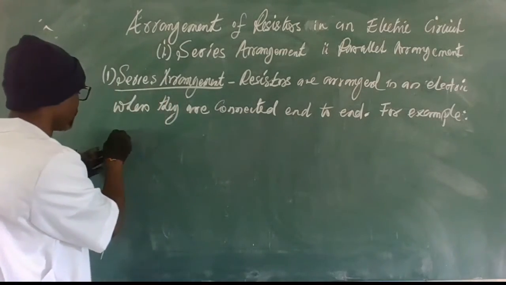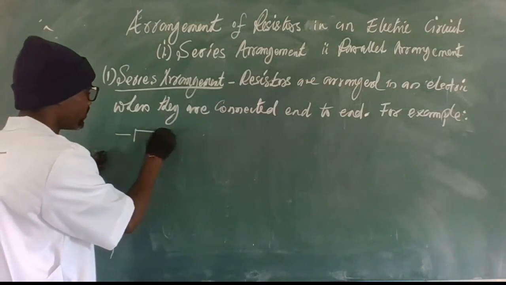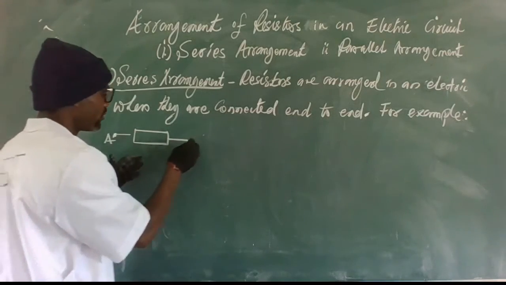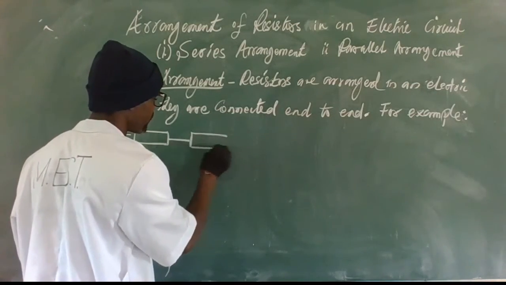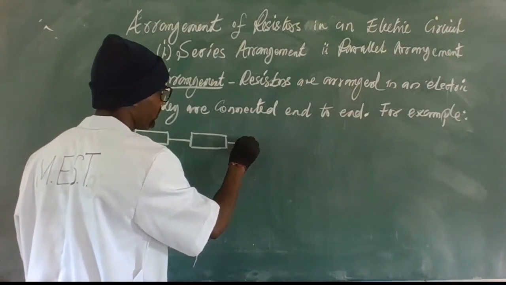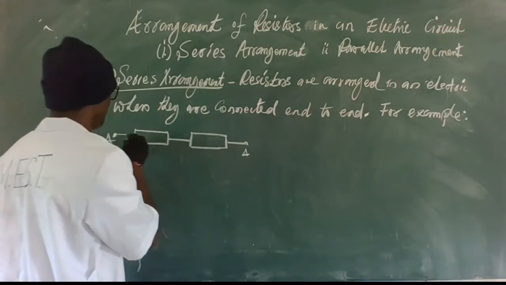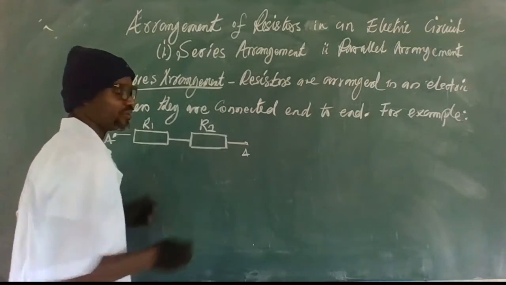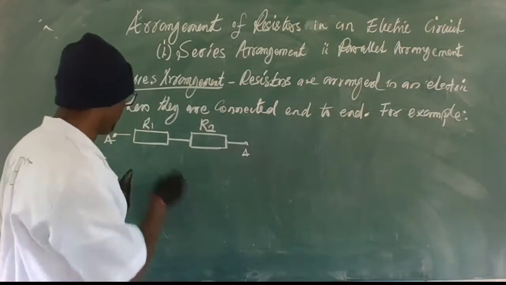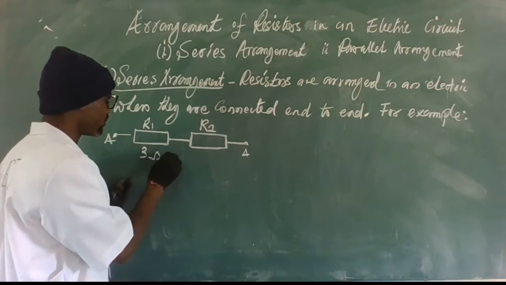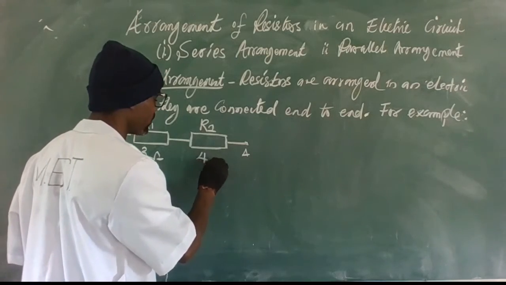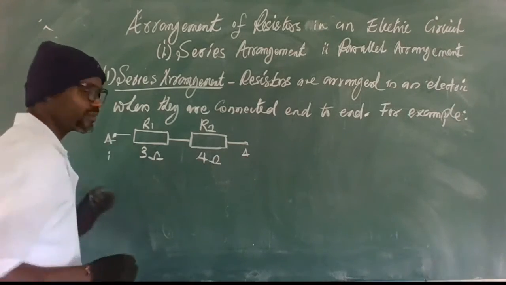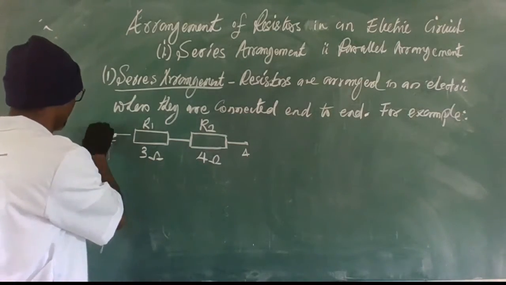If we have a resistor connected in this way, this is the first resistor R1, connected to another resistor R2, offering resistances maybe 3 ohms and then 4 ohms. We will come to that. This is example 1, and we can call this I at this point.